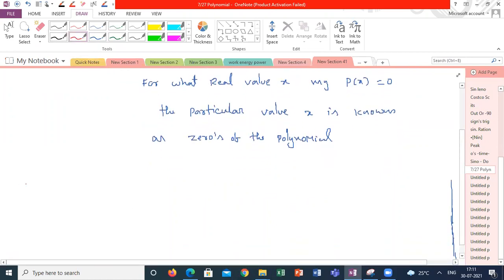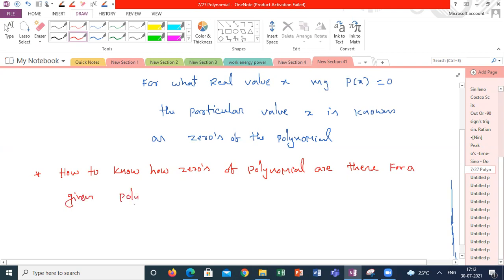My question is how to know how many zeros of a polynomial there are for a given polynomial of single variable. What is the important point you have to keep in mind when I am asking this question? Can anyone remember?